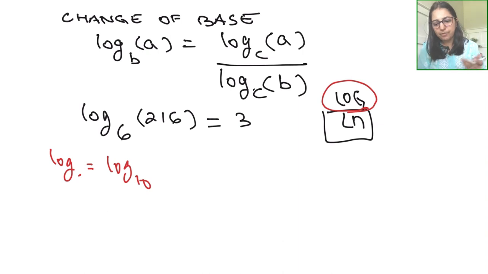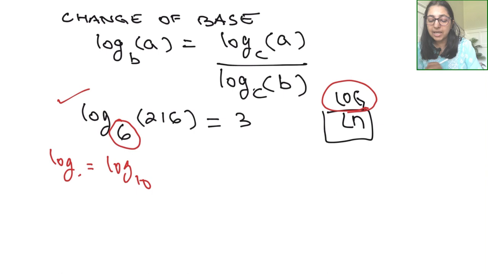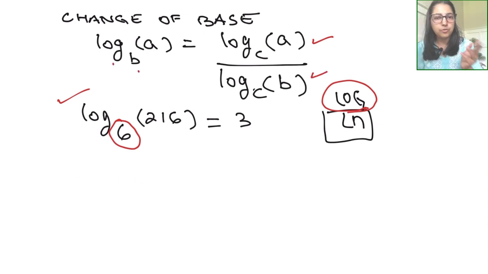Now, what if we have a question like this to some other base where the base number is 6? That's where we utilize the change of base property. Okay, let's see how this works out. Log to the base b of any number a, if you want to utilize a change of base, you can pick any number for this base number.